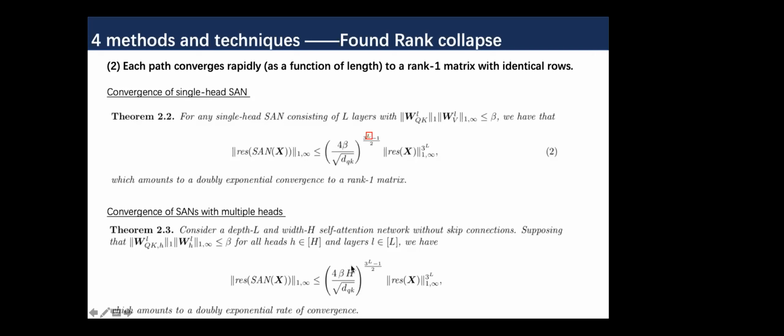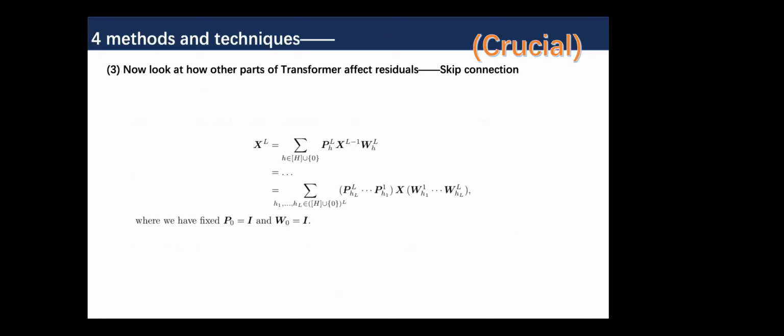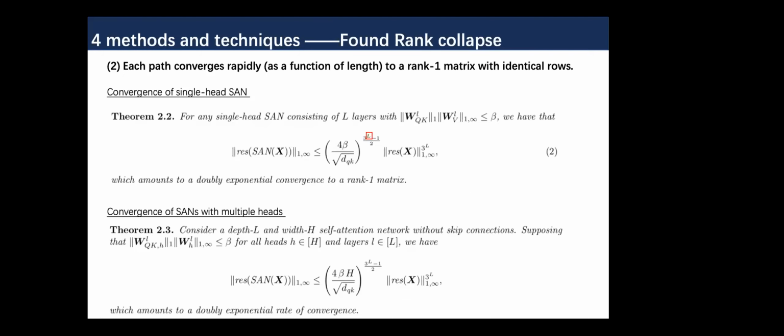So it also has a doubly exponential rate of convergence, and it still will converge to a rank 1 matrix. We call this phenomenon rank collapse, and it is really severe.